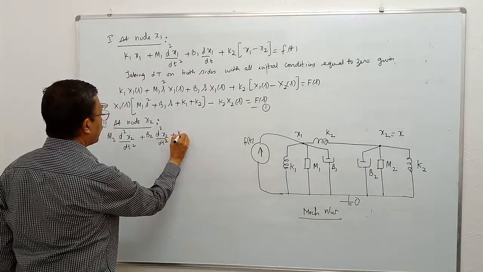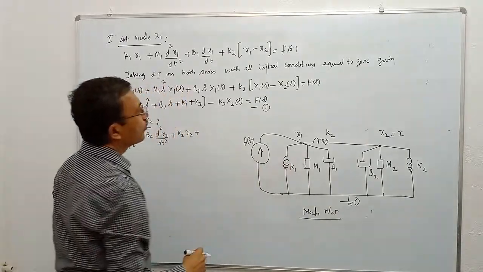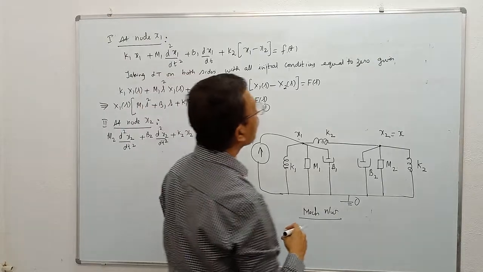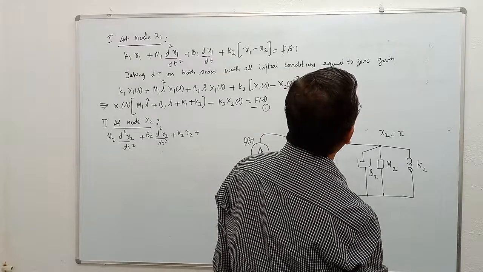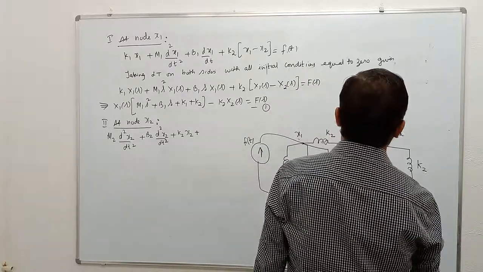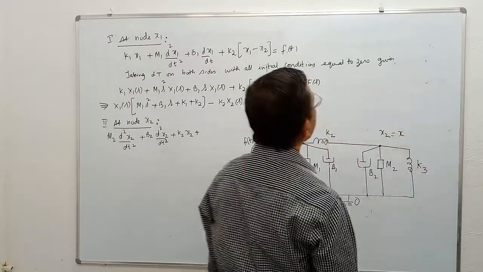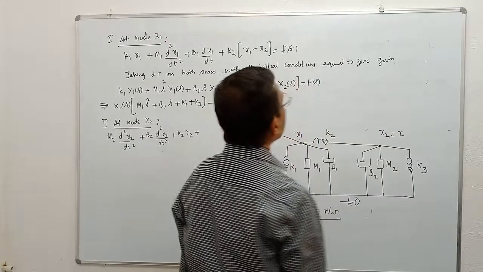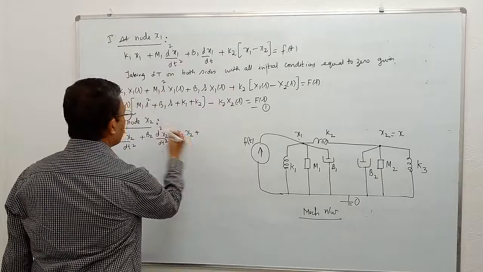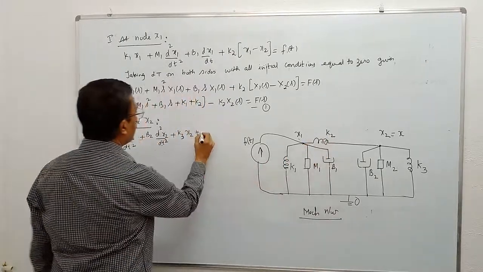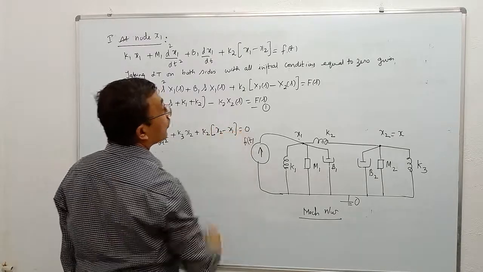Plus K into X2. In the original problem, this should actually be K3. So plus K3 into X2. What is the force in K2? K2 into X2 minus X1, equal to 0.